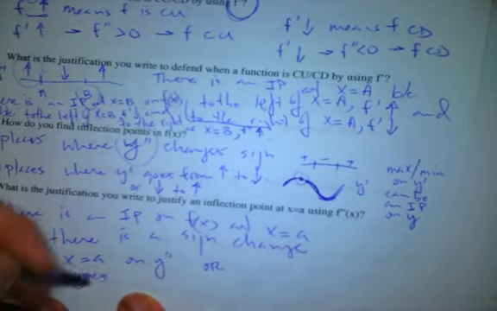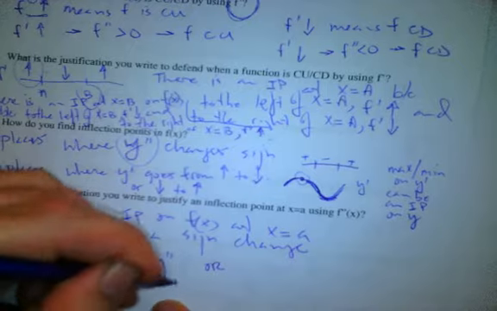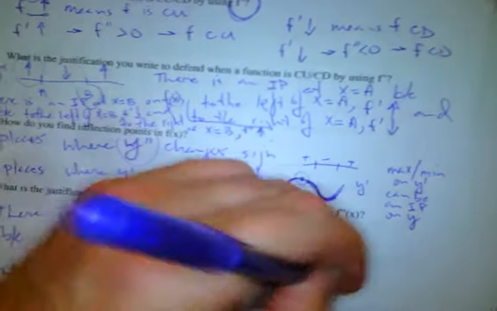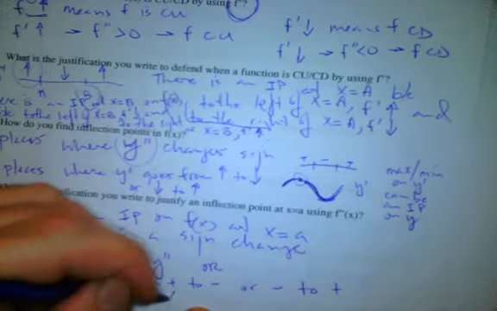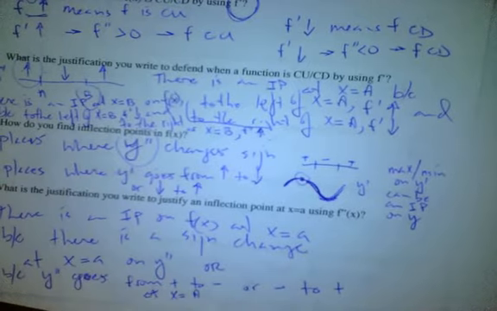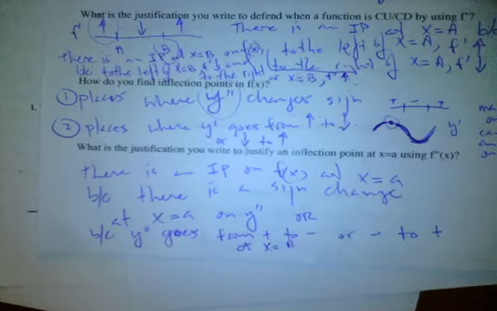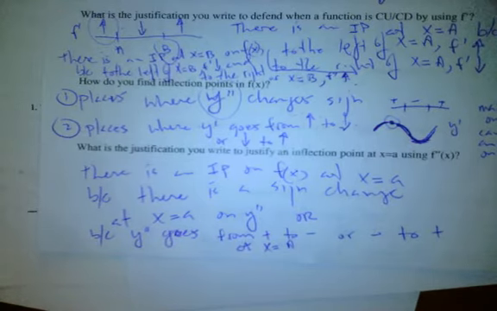Or you could say because y double prime goes from positive to negative or negative to positive at x equals a.